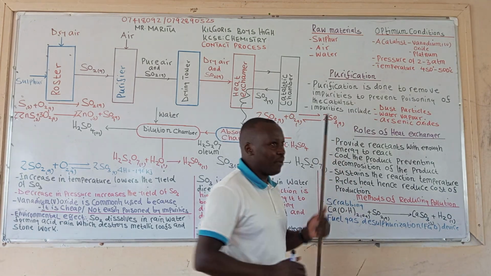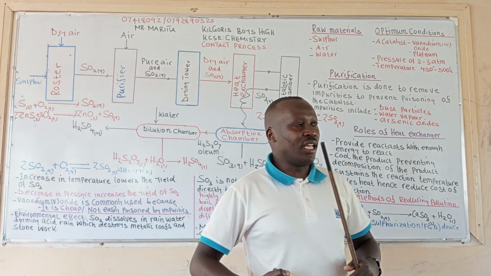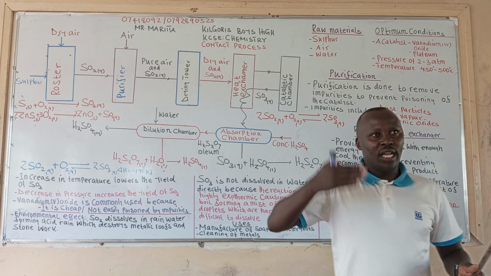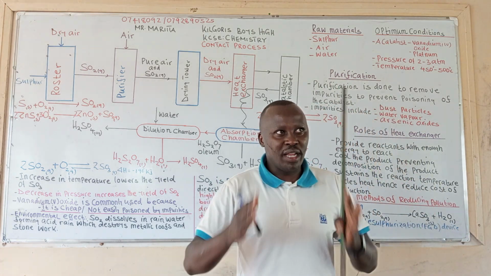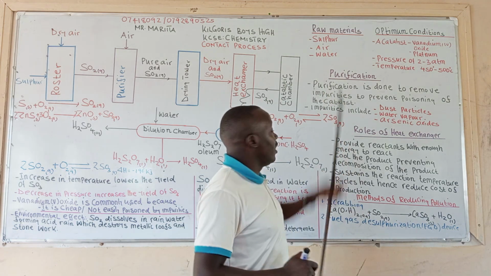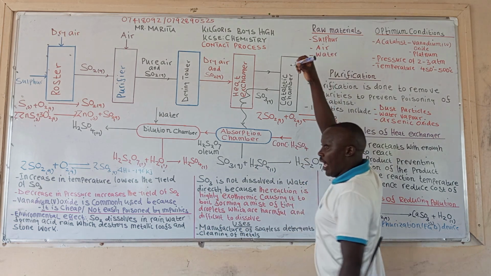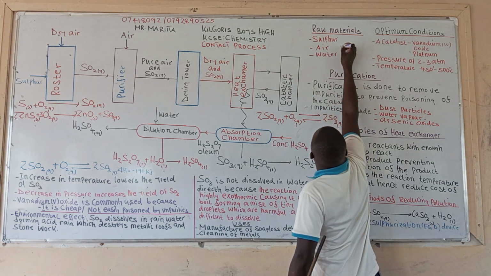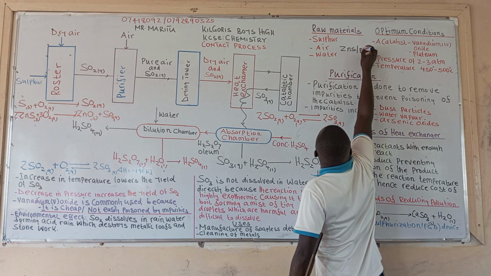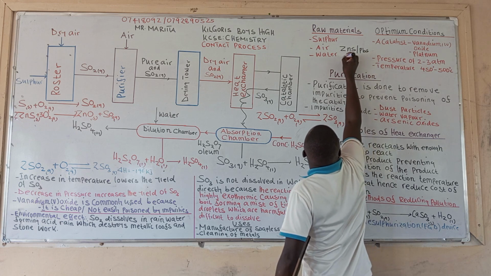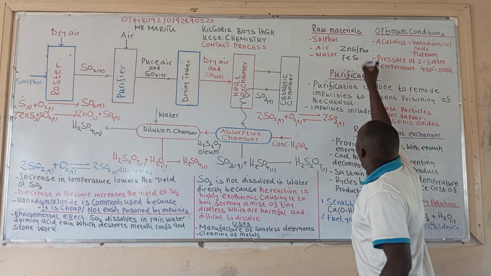So in this sulfur here, you can either have the sulfur from underground, or you can have sulfur combined with other elements, for example, you talk of metal sulfides. So you either have the sulfur or you can have it combined with other metals, for example, the zinc sulfide, the lead sulfide, or the iron sulfide.